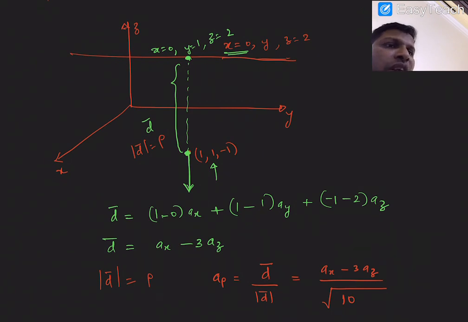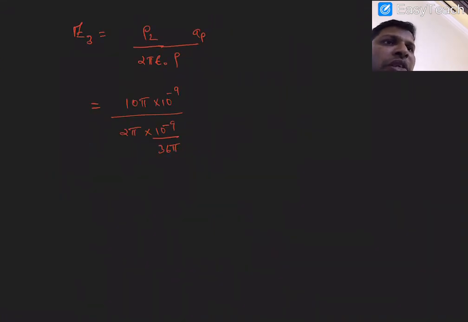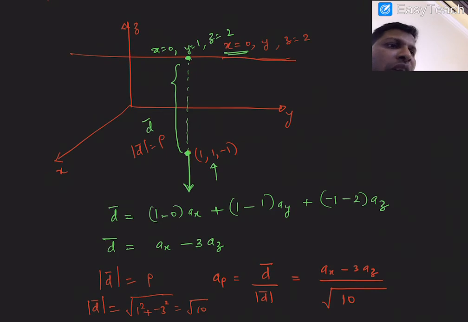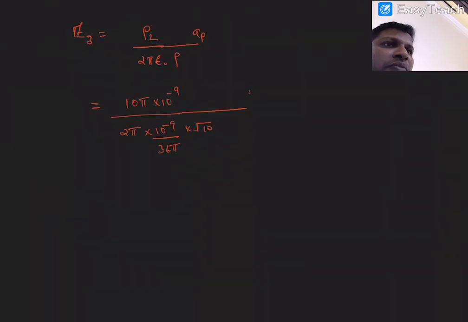First of all we need to find the magnitude of d bar, which we have already seen is root of 1 square plus minus 3 square, equal to root 10. So into root 10, then my a rho, the direction, is ax minus 3 az divided by root 10.